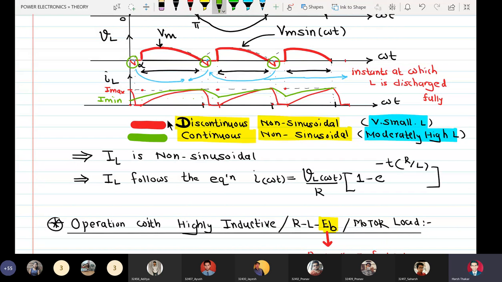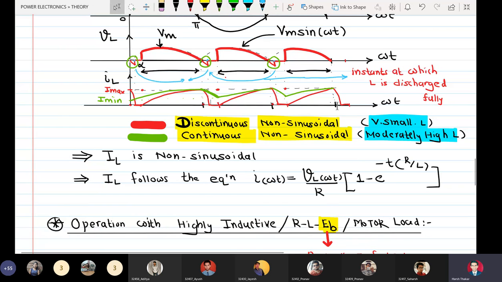And we see that there is a significant difference between the levels of Imax and Imin. But here, this is the case when load is small. And we also see here that as and when the value of inductance goes on increasing, the amount by which the load current is reducing goes on reducing. So the delta goes on reducing.